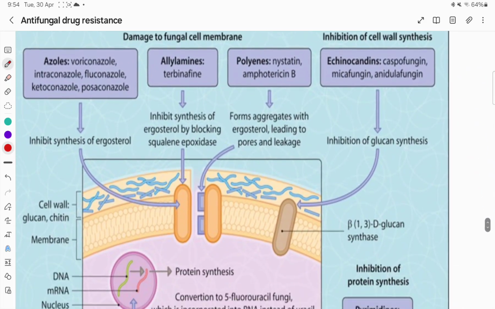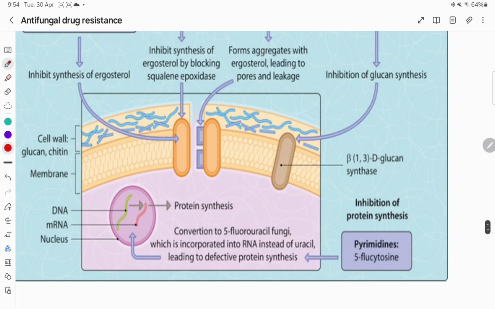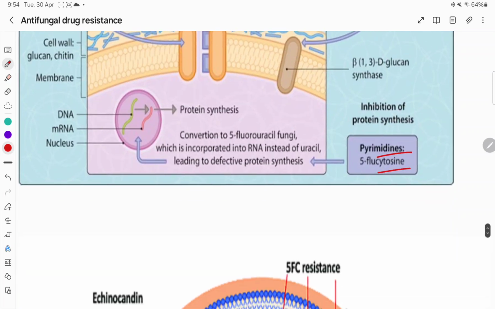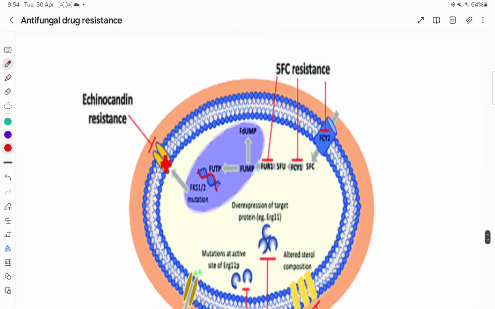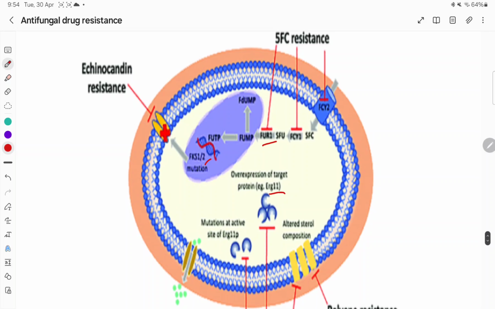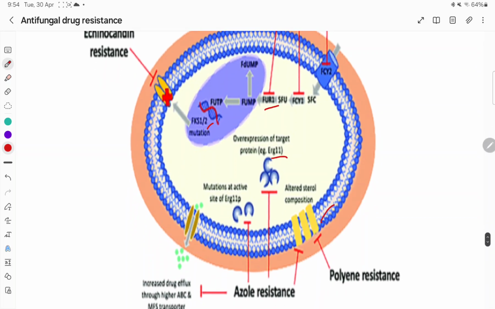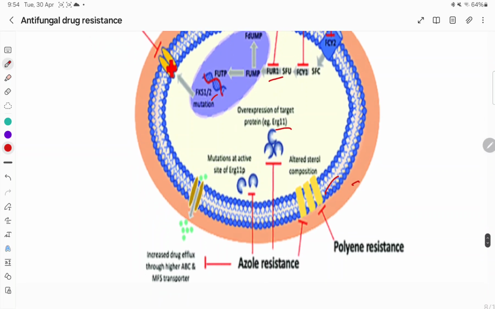So to summarize, the four main categories of drugs: azoles, allylamines, polyene antibiotics, echinocandins, and the fifth one, the pyrimidines, 5-flucytosine, are the major antifungal drugs, and they show resistance because of different mechanisms: mutation of genes like FKS1 or 2, FUR1, and ERG, altered sterol composition and altered cell wall composition, and there can be transporters like ABC and MFS transporters for efflux of the drug.